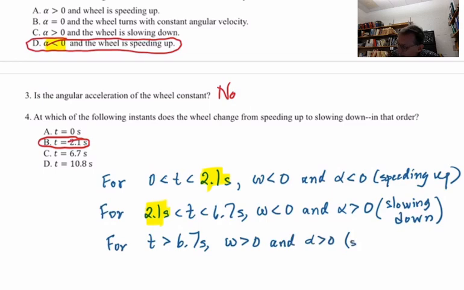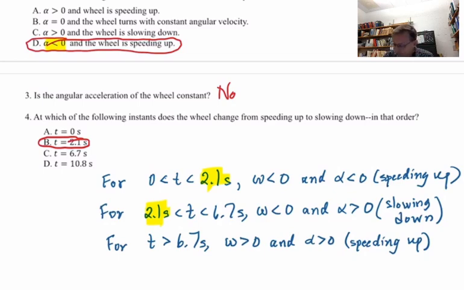So it's speeding up again. But I was asked for the moment it transitions from speeding up to slowing down, not the other way around. So the answer is 2.1 seconds. So the wheel is initially speeding up, then it slows down, stops for an instant, and then it speeds up again. That's what is happening in that particular situation.